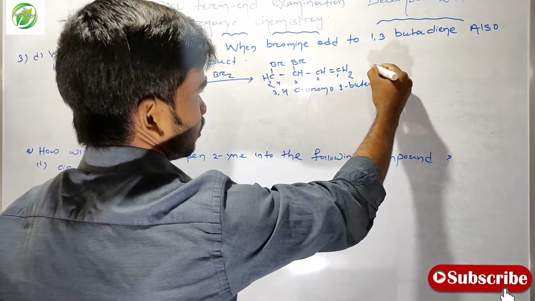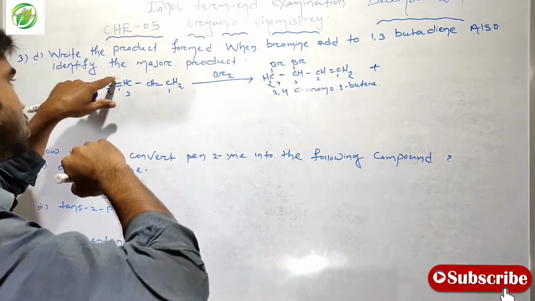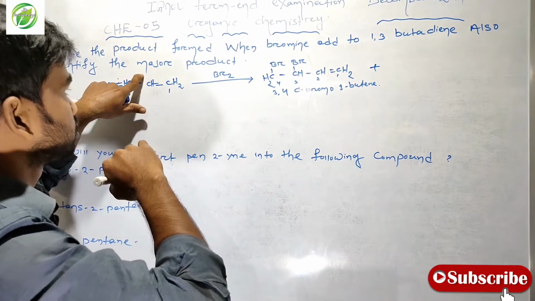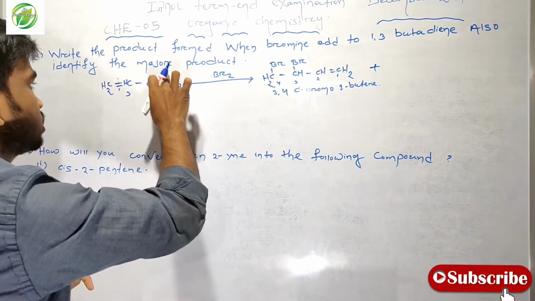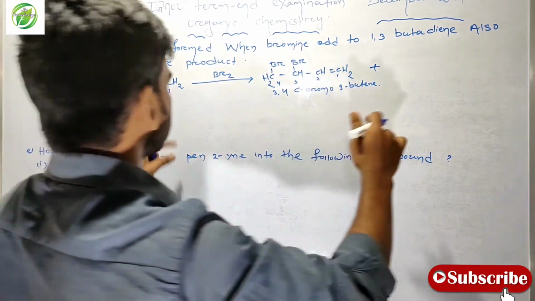The other product is formed when the double bond shifts to these positions and two bromine atoms are joined to the first and fourth carbon atoms.